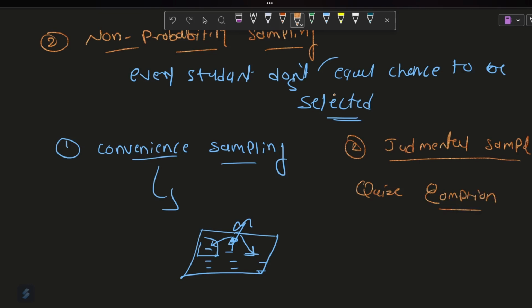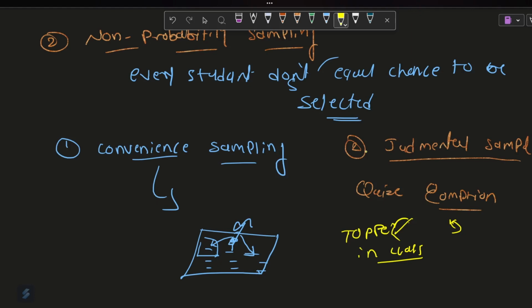In that particular case, the teacher selects the students who are basically toppers in the class. That's called judgmental sampling. Basically, judge, that can be anything. When you are in a job, there is a senior and a junior, so a manager picks the senior employee or their best project, something like that. That's judgmental sampling.